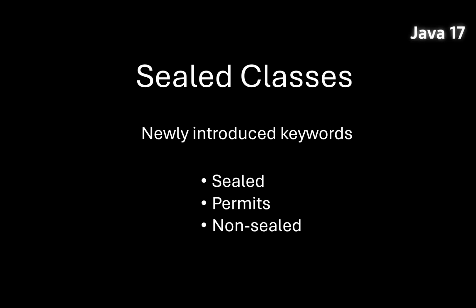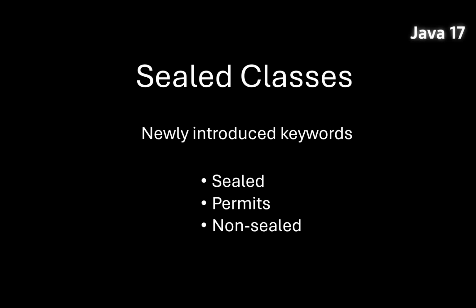So in sealed classes, Java introduced three different keywords. The first keyword is the sealed keyword, which is used to seal the class or an interface. Next, we have the permits keyword, which is used in conjunction with the sealed keyword.